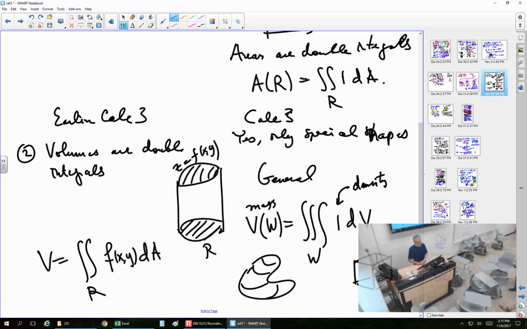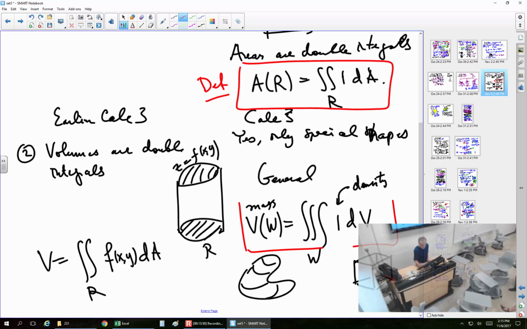If we're only interested in the volume, then we just assume that the density is constant, equal to 1, and then we have this very simple formula. The triple integral of 1 over a region is equal to the volume. I don't want to read it from right to left, but from left to right. You can think of this as the definition of the volume, just as this one is the definition of the area. Definition of the area, definition of the volume.